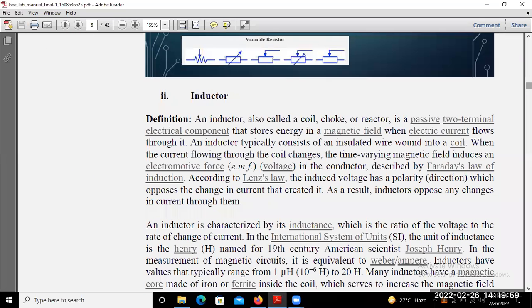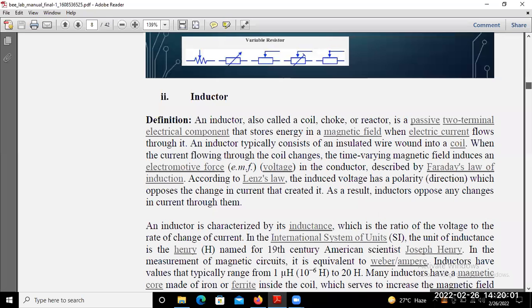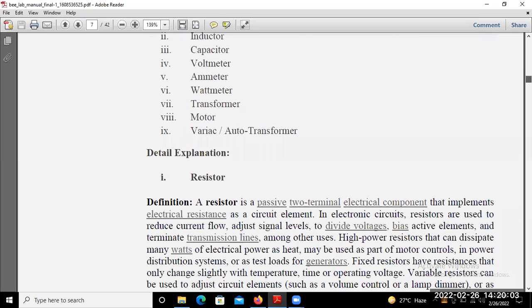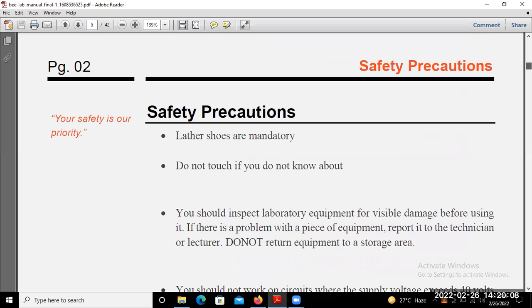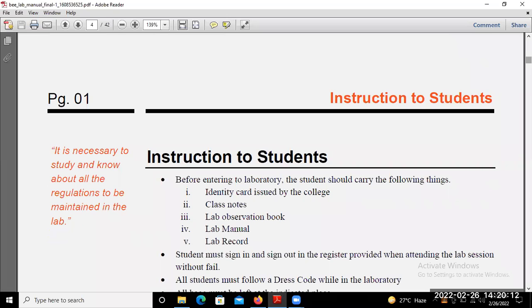So first of all, try to follow these, and then we will start the experiments which we will cover in the basic electrical lab. So let's highlight the instructions to students regarding any lab.